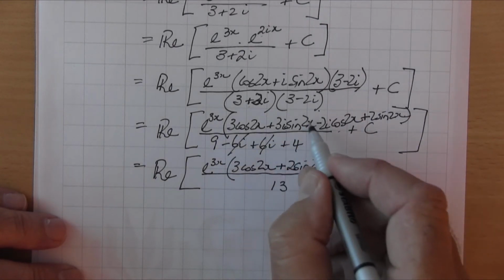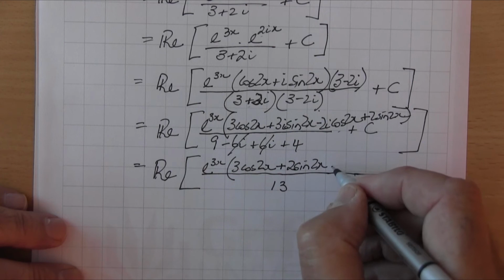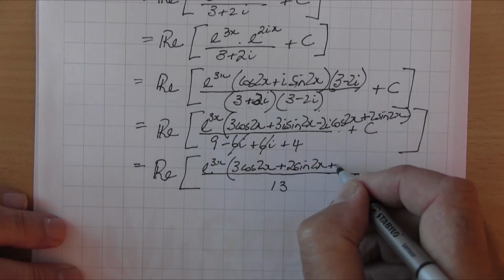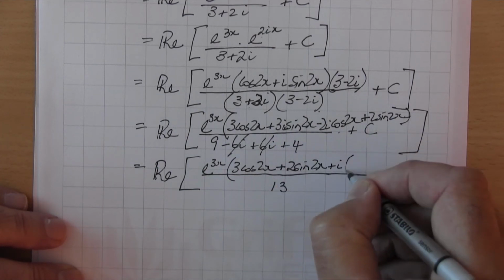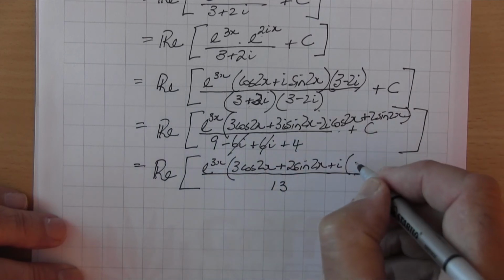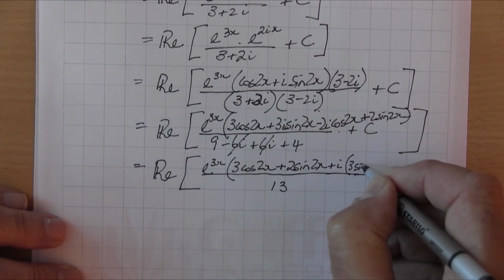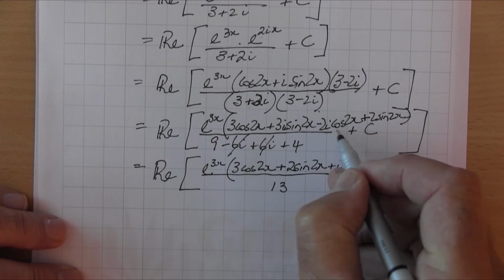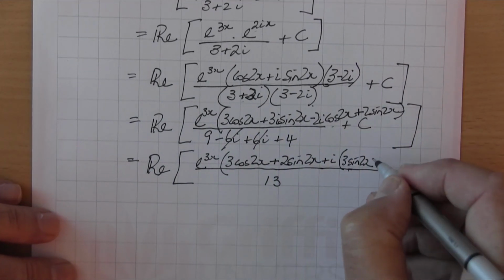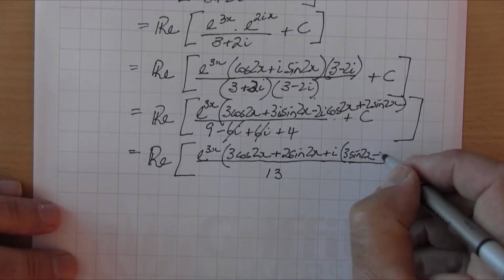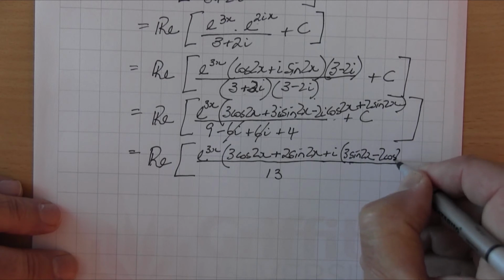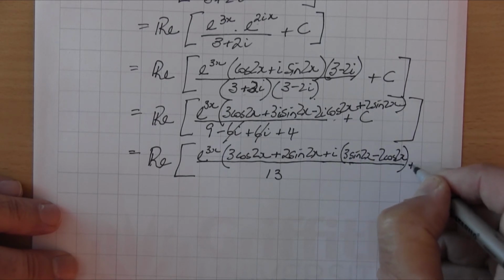Now I'm left with an imaginary part. I can take i out the front. So there'll be plus i, open brackets, 3 sine 2x, and here's another imaginary part, minus 2 cos 2x, plus c.